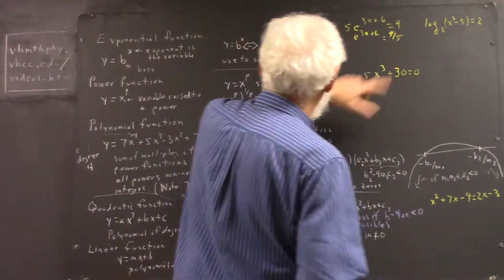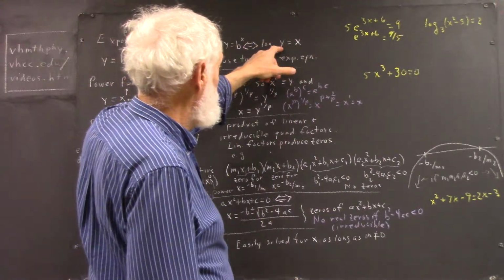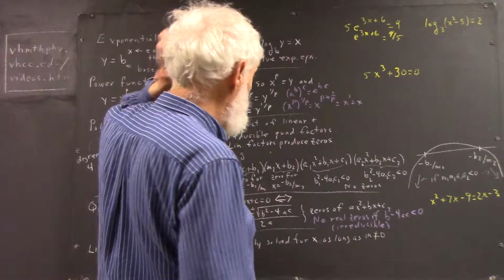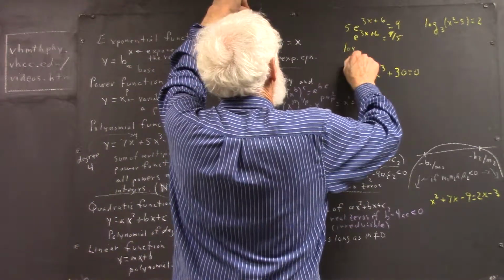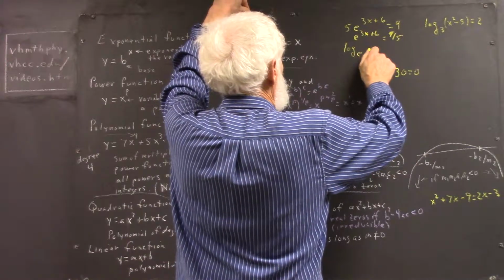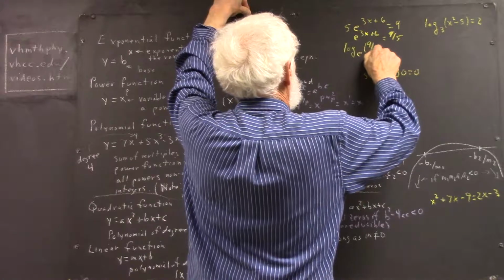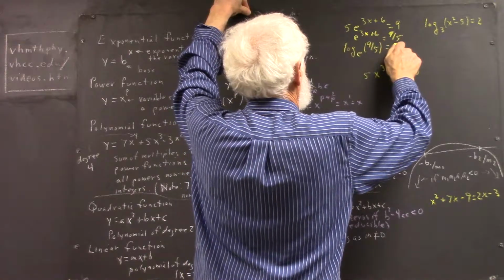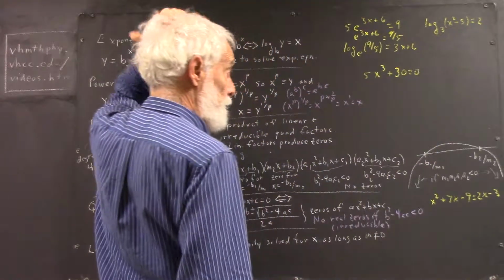Okay, now, using the fact that y equals b to the x means the same thing as log base b of y equals x, we can write log base e of 9/5 equals 3x plus 6.